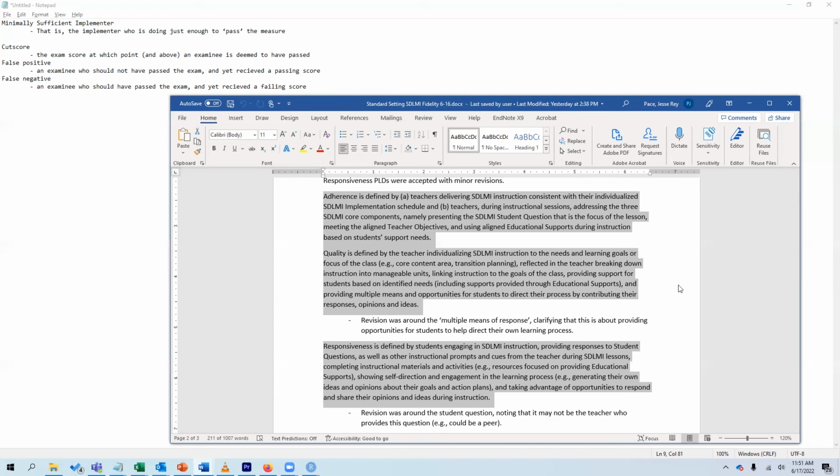and have some discussions. And I'll also share some information about how the estimate of the cut score would impact historical implementers.